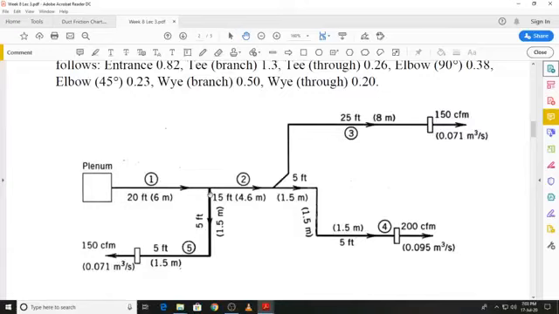So the dynamic loss will be T branch. Then you have a straight section for which we will have the frictional pressure drop. Then we have a 90-degree elbow, so there will be another dynamic loss. And then we have a straight section, so we have a frictional pressure drop due to that straight part of the duct. And finally there is a loss due to the outlet of 5 pascals.